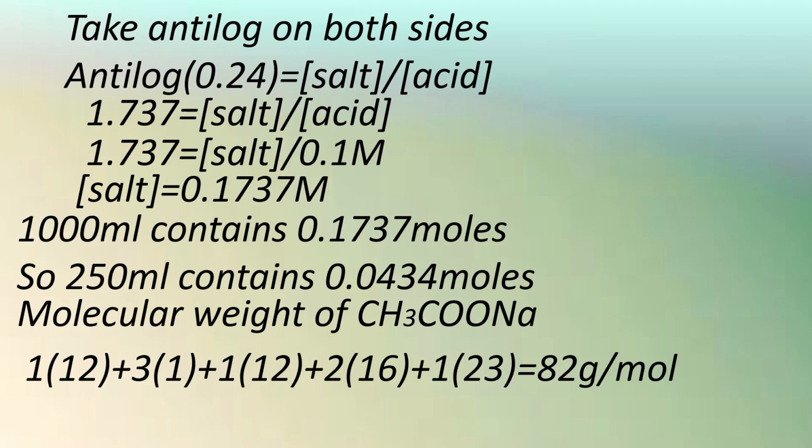Acid concentration is already given in the example, 0.1 molar. We will multiply 1.737 with 0.1 molar. We get 0.1737 molar. This is the concentration of salt. Because this is in 1000 ml and we are making buffer of 250 ml, 1000 ml contains 0.1737 moles.